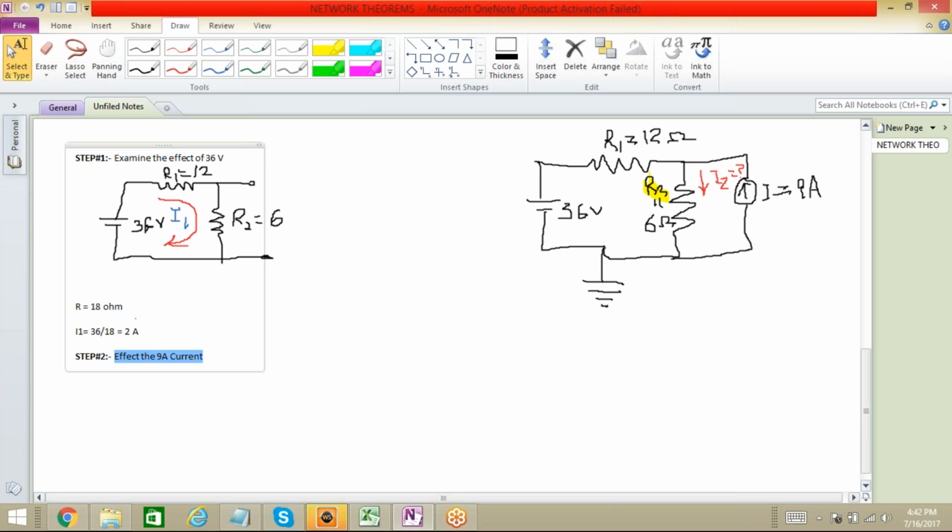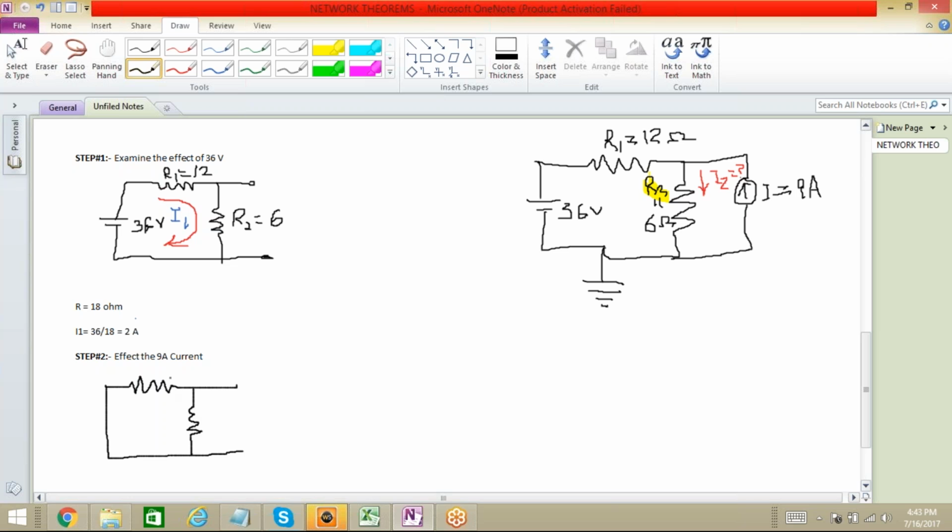So the voltage source, this 36 volt, is to be replaced, and you know very well that in order to replace a voltage source we have to use a short circuit. Okay, so let's make a small short circuit over here. Our resistance will remain here, this time there will be a short circuit, and another R2 will remain in its position.